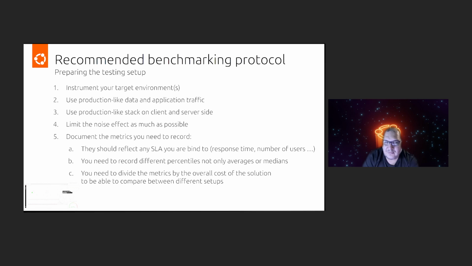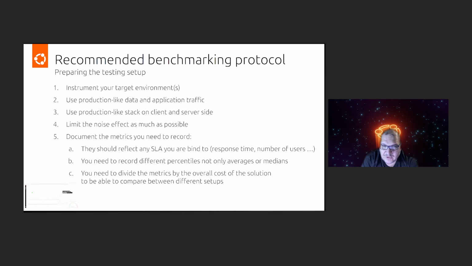Of course, you need to document the metrics you need to record and that you are going to use later on to assess whether a given change is improving or not the overall performance. Those metrics need to reflect any SLA that you are bound to with your end user, whether it's response time or number of supported users and so on.